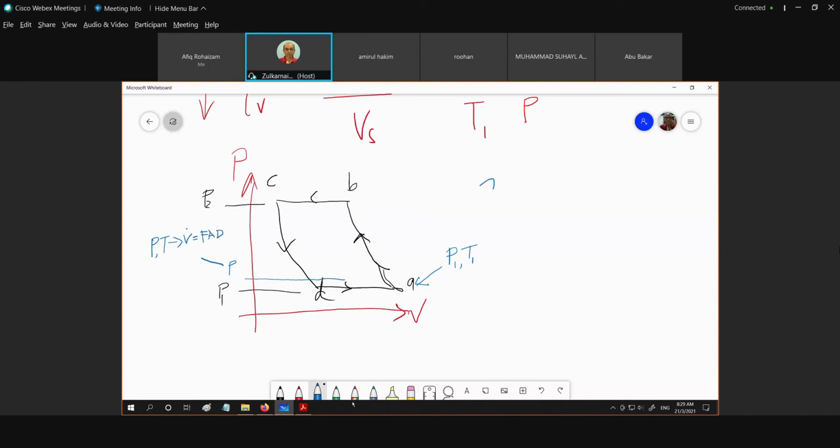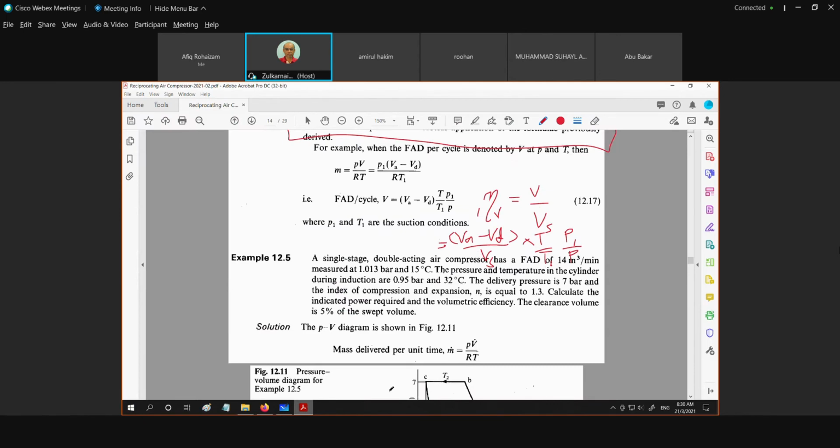Ingat, takrifan kecekapan is always V divided by Vs. The free air delivery condition divided by Vs. Okay. So, tadi kita dah buktikan how we get the V from the M dot. This is the case. So, this should be our third case for the compressor.